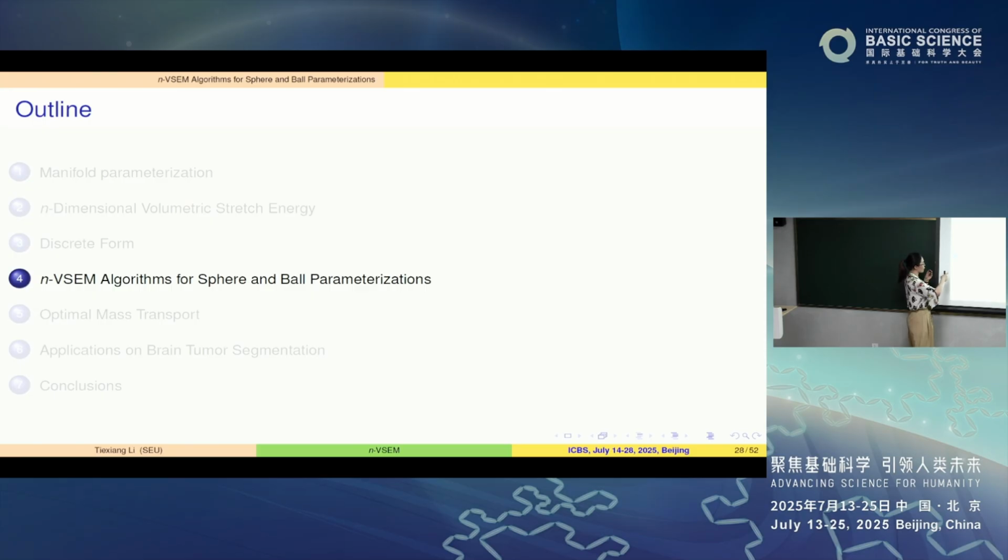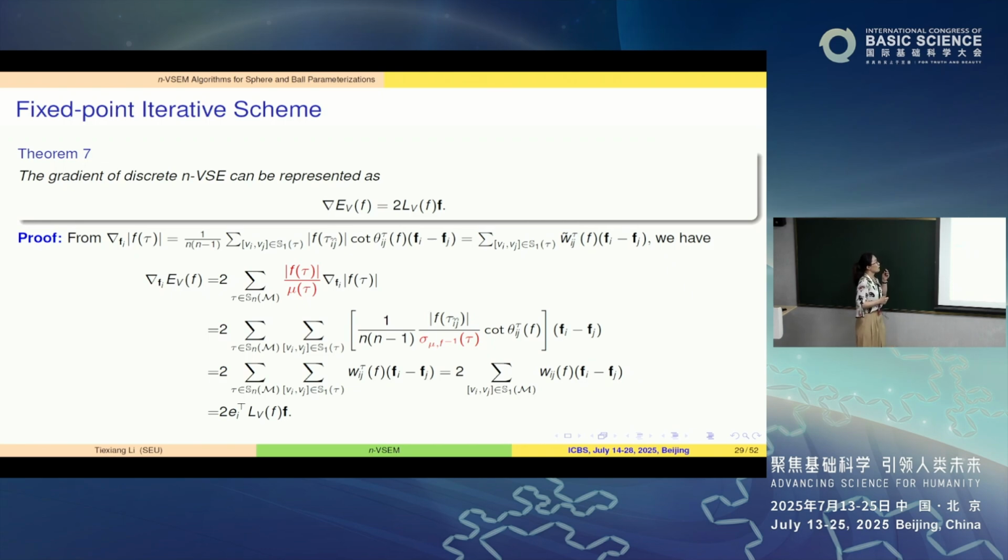Next we will propose an algorithm to solve them. We call the algorithm the VSEM algorithm. Before we do the numerical computation, we will give a result. Because this energy is highly nonlinear, if we want to solve the optimization problem, maybe we will use Newton or a Newton-like algorithm.